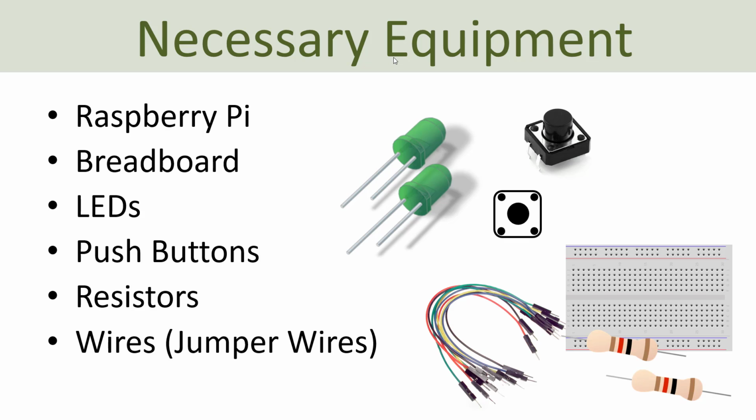In order to follow these tutorials, you will need a Raspberry Pi, a breadboard, and some LEDs. If you have some push buttons, that's also handy to have. You need some resistors and some wires.